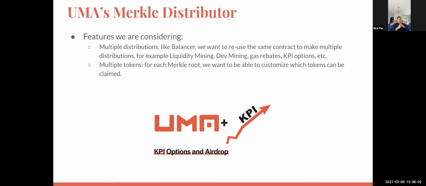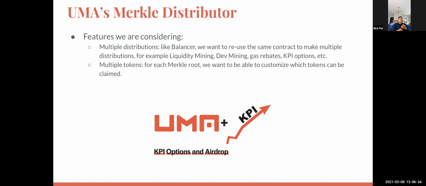And finally, we get to UMA's Merkle distributor. The current design is that we're going to be able to store multiple distributions like Balancer. For example, every week we might give out liquidity mining, dev mining, KPI options, and every one of these lists is going to be its own Merkle tree. We also allow each individual distribution, so each Merkle tree, to specify what reward token is being paid out, and that's going to be specified in the smart contract.